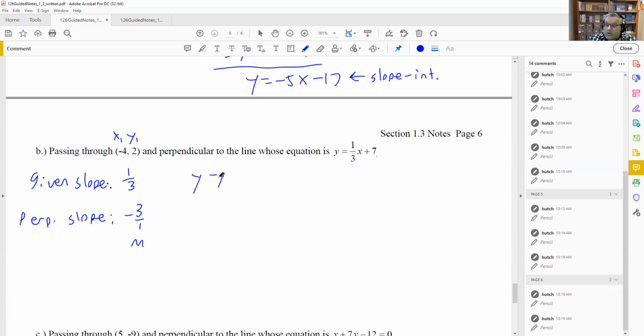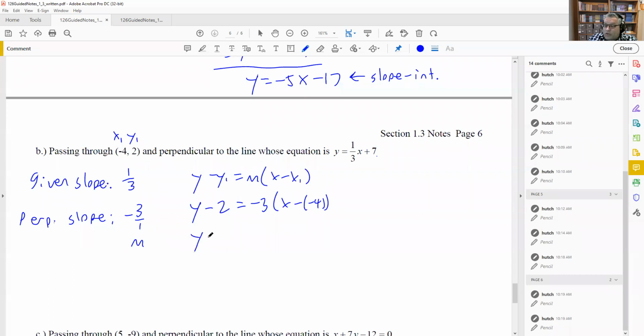We're still going to use the same formula we used last time, the point slope form. We have x1, y1, and m. We're just going to plug all those into this formula. So y minus 2 is equal to -3 times x minus -4. And with that. Okay, so now we have this.